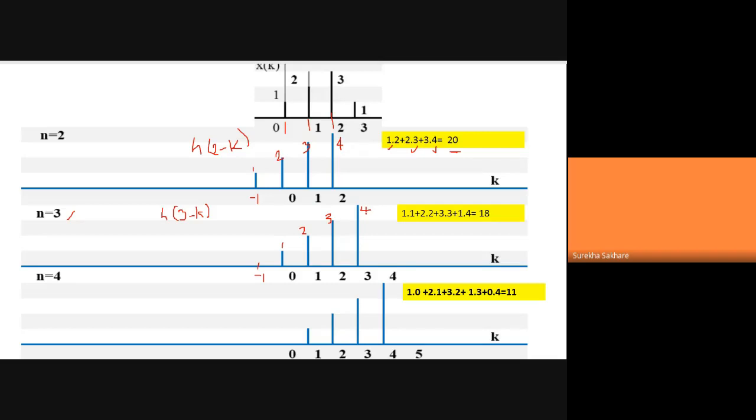Now again check for the overlap. At 1 I had overlapping, at 2 overlapping, at 3 overlapping. So all the 4 samples are perfectly overlapping with this. So what do I do?